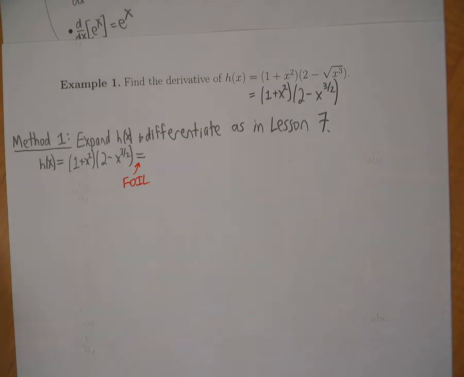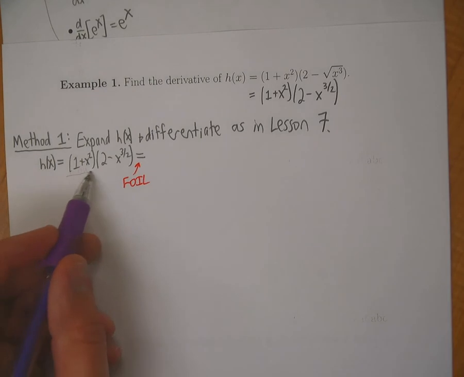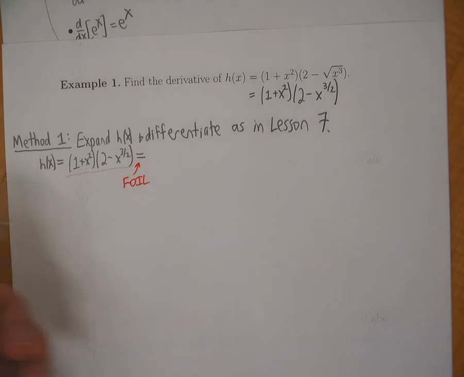So foiling out h of x as it currently is expressed should give us what? Raise your hand if you have it.